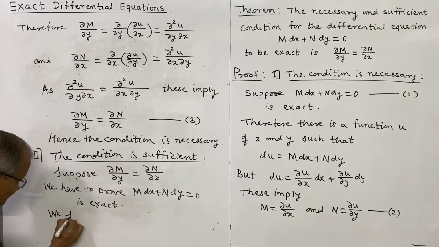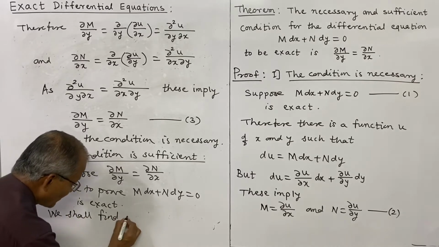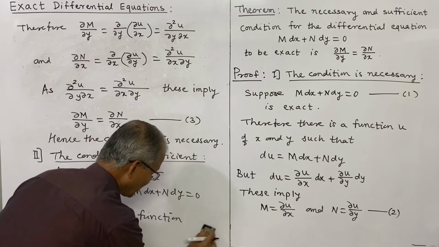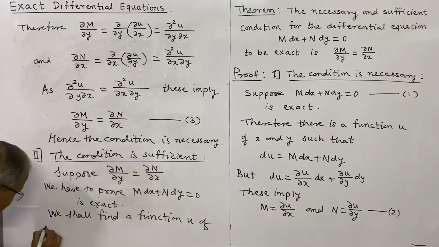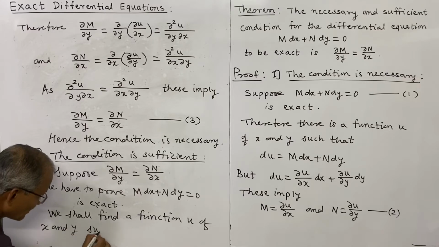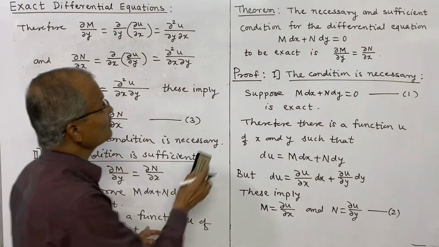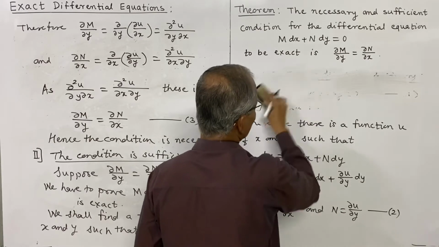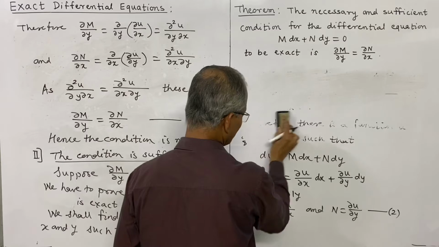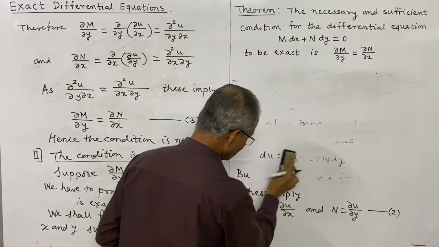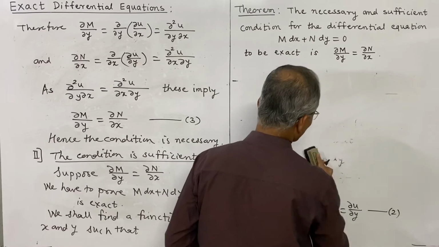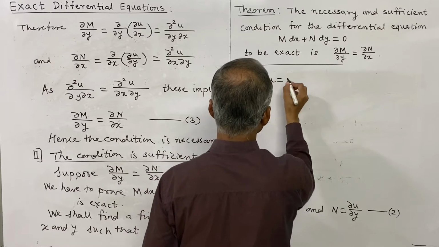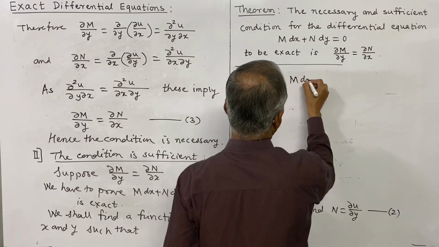We shall find a function u of x and y such that du is equal to m dx plus n dy.